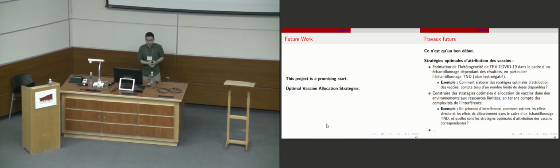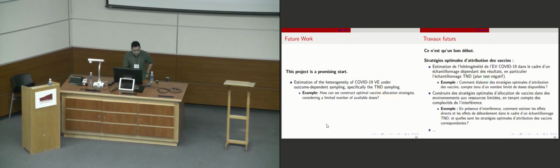And also, you know that now I'm a postdoc at the University of Montreal with Mireille Schnitzer and Denis Talbot. We focus on vaccine effectiveness studies. So that's also an extension of this work to consider individual treatment rules and also consider interference simultaneously. For example, we try to estimate heterogeneity of the COVID vaccine effectiveness.